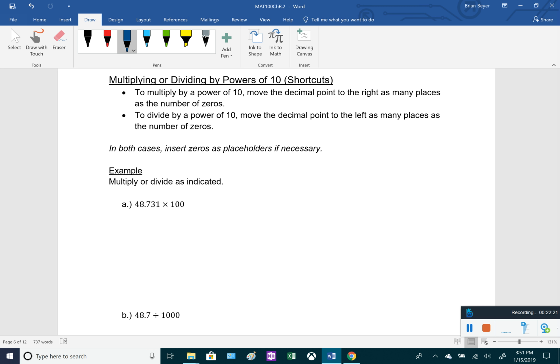All we have to do is move the decimal place. When we're multiplying by a power of 10, we move the decimal point to the right as many places as there are zeros in the power of 10. If we're dividing by a power of 10, we move the decimal point to the left as many places as the number of zeros. And then we might have to insert zeros as placeholders.